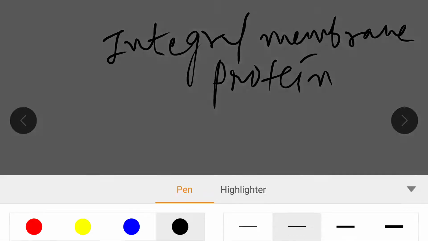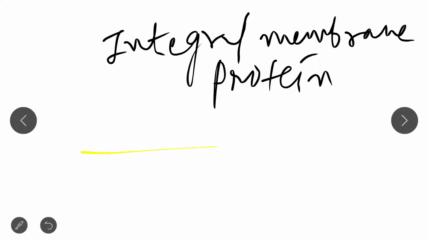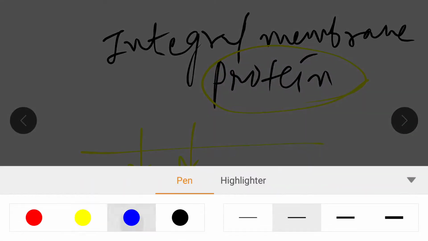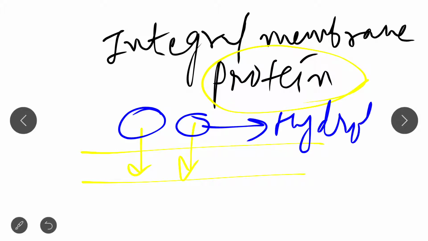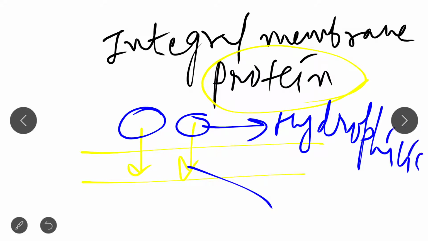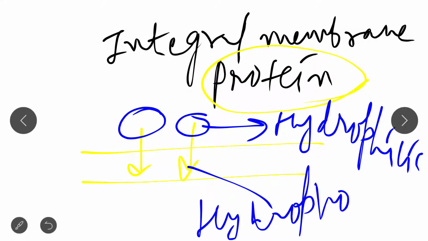Next we have to know which part of this protein is inserted into the lipid bilayer and which part is not inserted. We have to identify the hydrophilic as well as the hydrophobic segments of the protein.